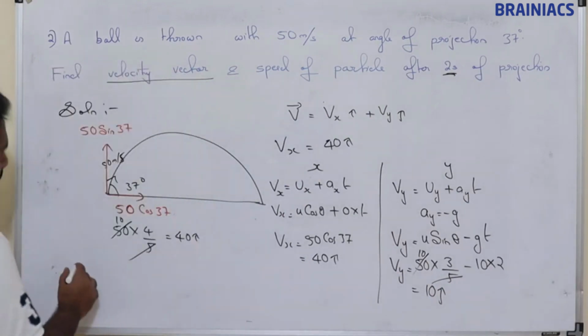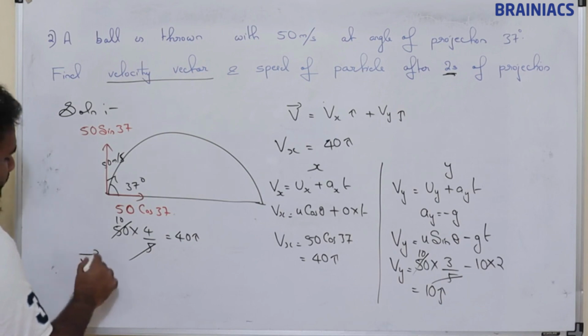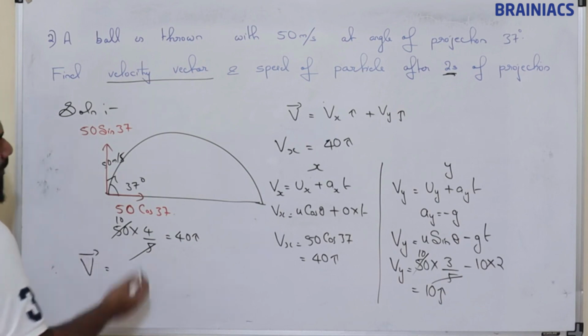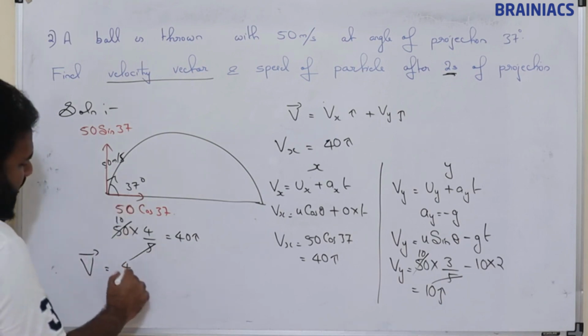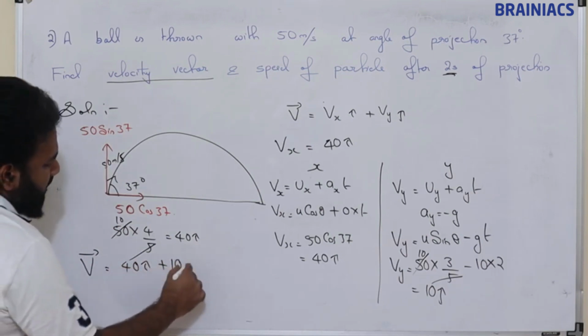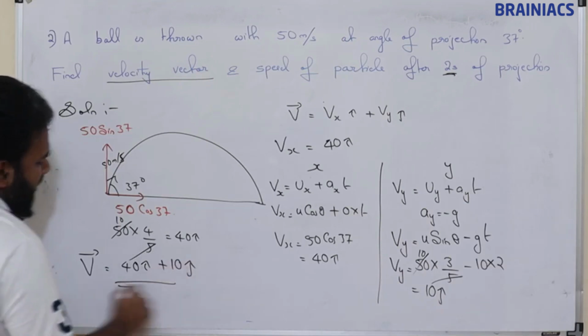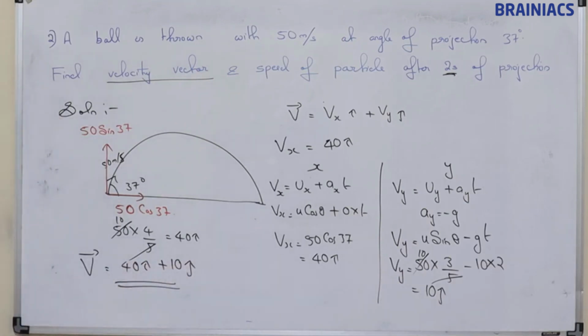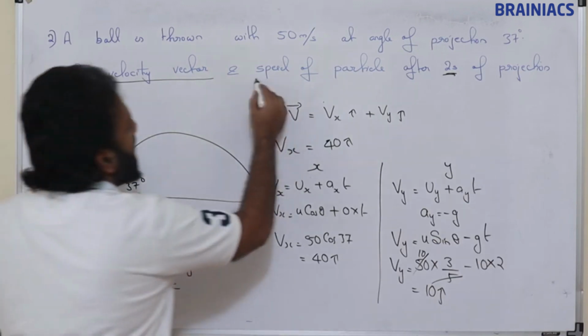So the velocity vector after 2 seconds is 40i plus 10j. This is the velocity vector. Clear? Now they have asked another question: what is the speed?